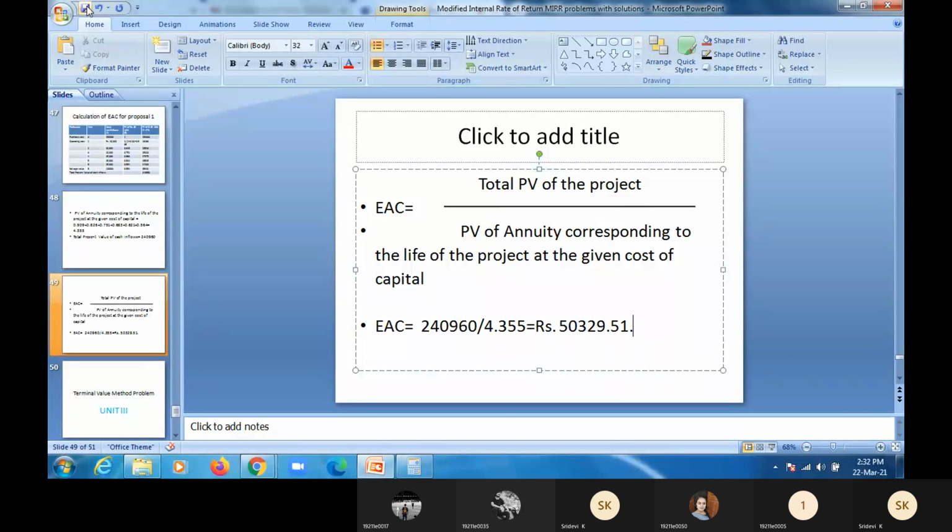Lower EAC is suggested. Understood? Any problem in understanding this problem? Is that clear? Do it for the second one.